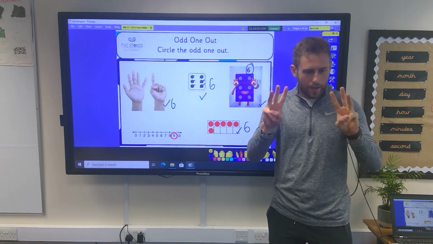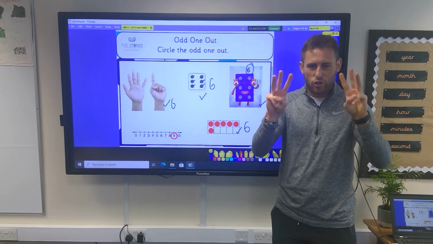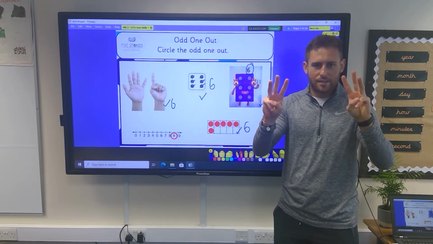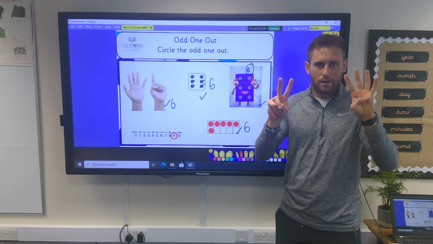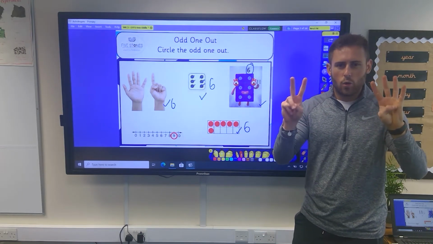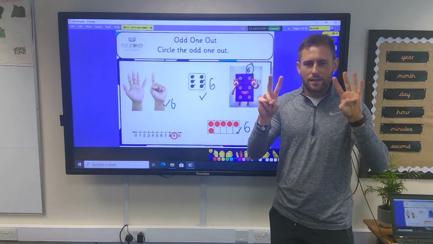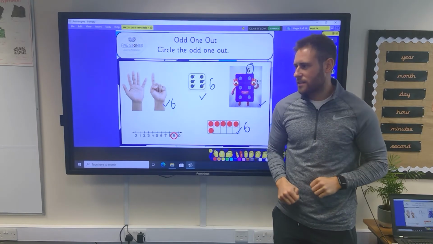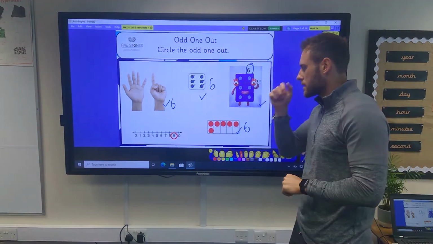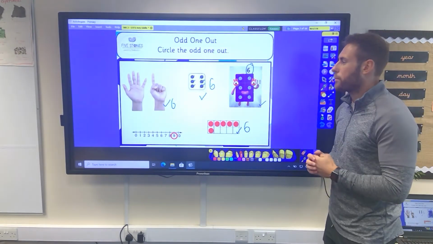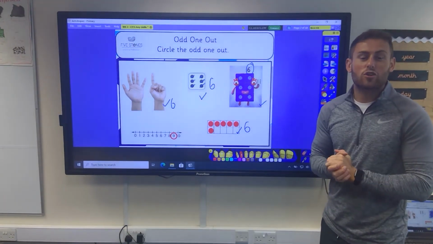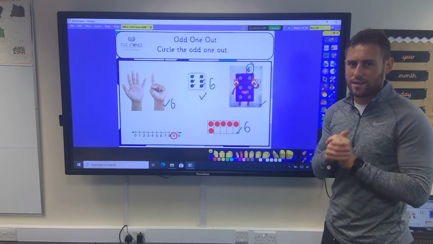Did anybody have that way? That is another way we can see 6. Did anybody have that way? That is another way we can see 6. Great. So there's lots of different ways we can see 6. Check with your parents at home if there is another way that you can make the number 6 with your hands.